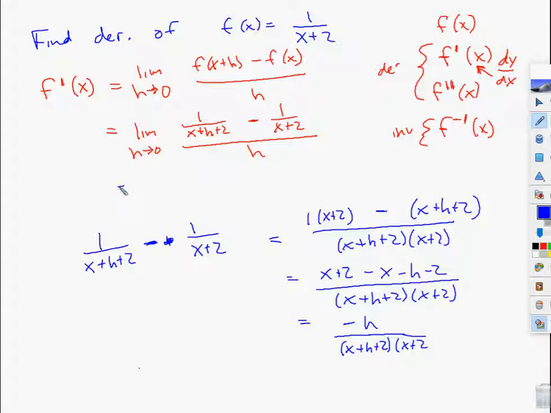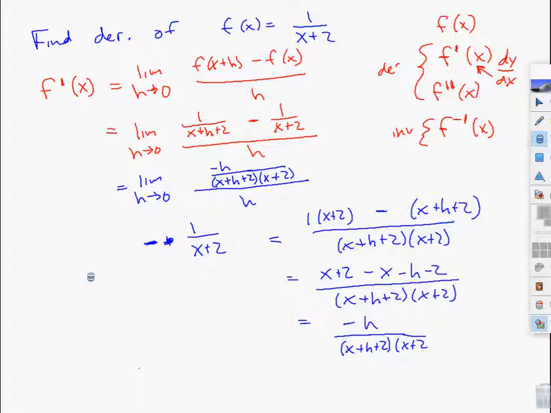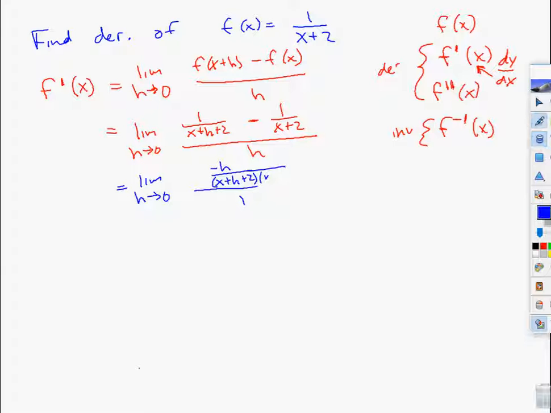So equals limit as h approaches 0 of negative h over this quantity x plus h plus 2 times x plus 2. Okay, now I'll erase all this. That was our work.